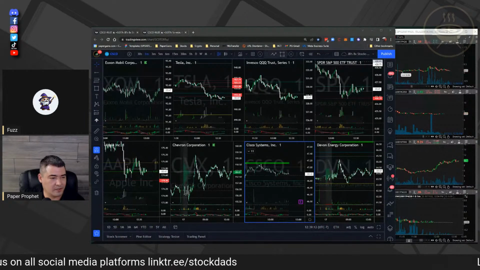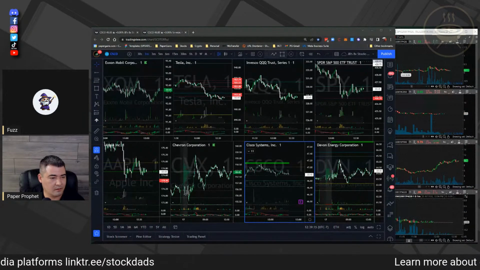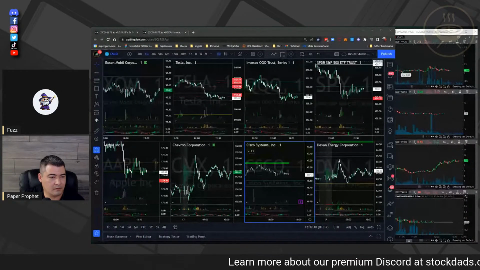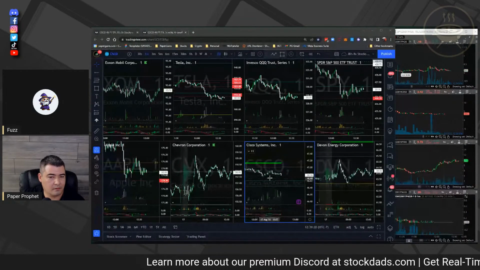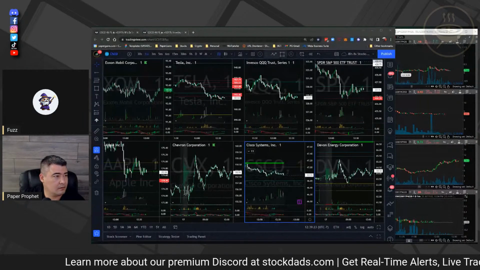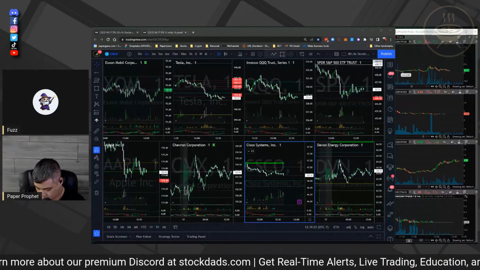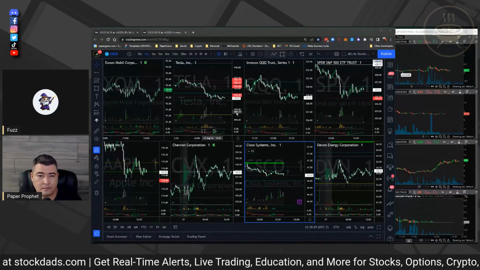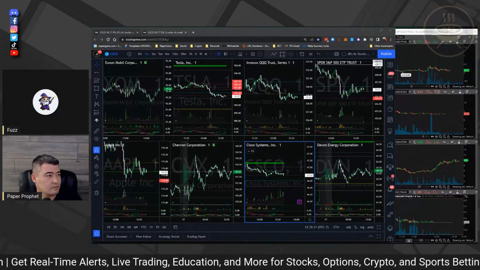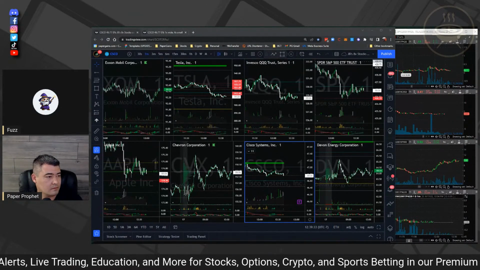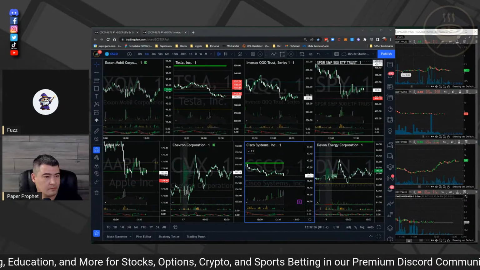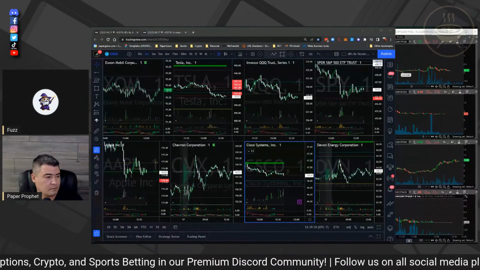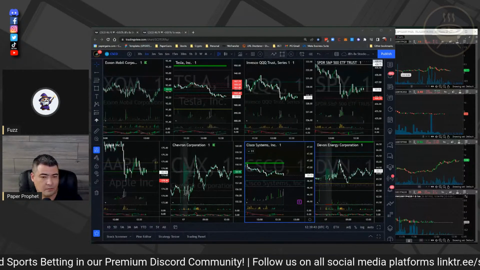I'm getting some weird spreads now. It's where sometimes pricing out options is the most tedious thing.